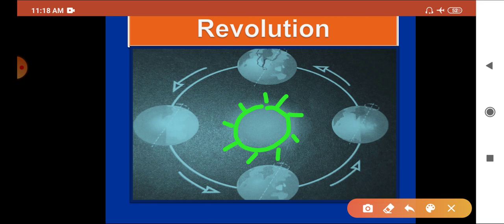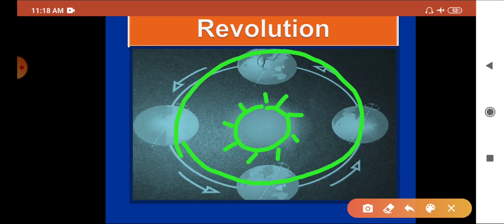Here you can see these are not several Earths, so don't take this picture in other ways. This is only one Earth, and this Earth is completing its one round around the Sun in a year.